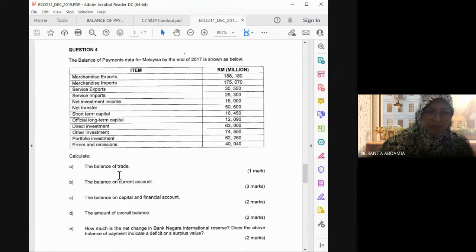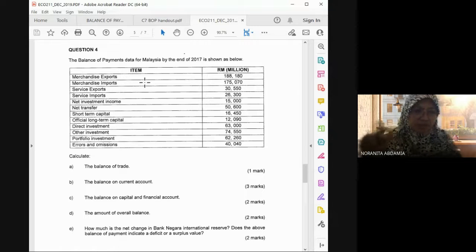So you letaklah nama trade account. You buatlah TA, trade account dash CA. CA tu apa? C current account. Terpulang. It's up to you. I just give you the example. Right? So label that way supaya you tahu, oh, this is actually under what? Under which sub account, under which major account.